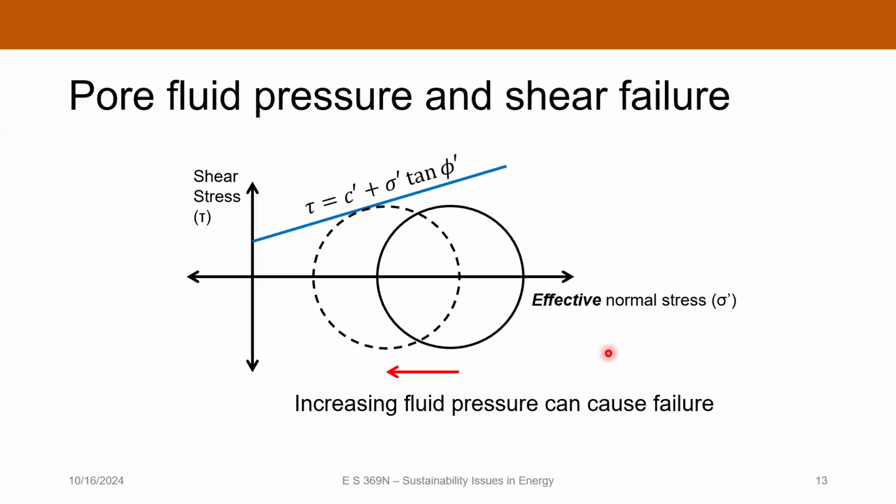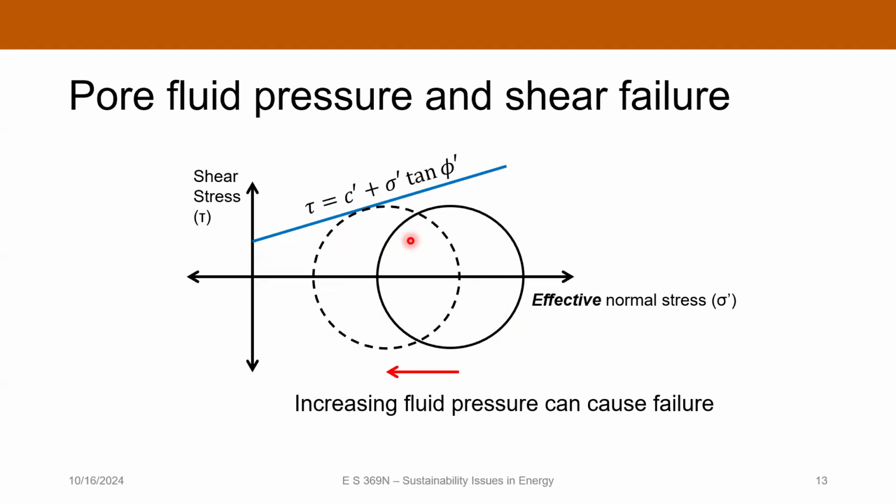This is a big problem that operators have to mitigate, because there was a very well publicized earthquake in Oklahoma several years ago that caused considerable damage. So you have to be very careful about where you inject that salt water. But in the context of drilling, we want to avoid having our drilling fluid cause this type of failure around the well, because that's going to be a problem.